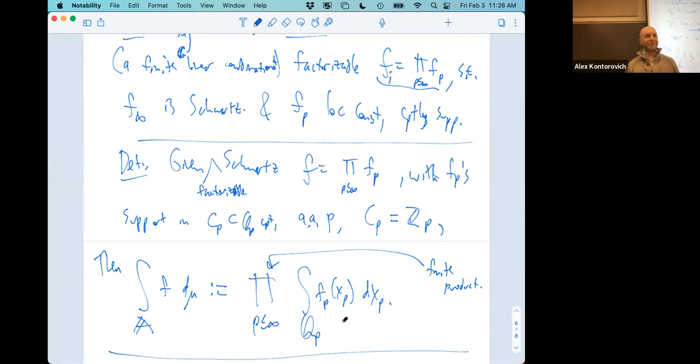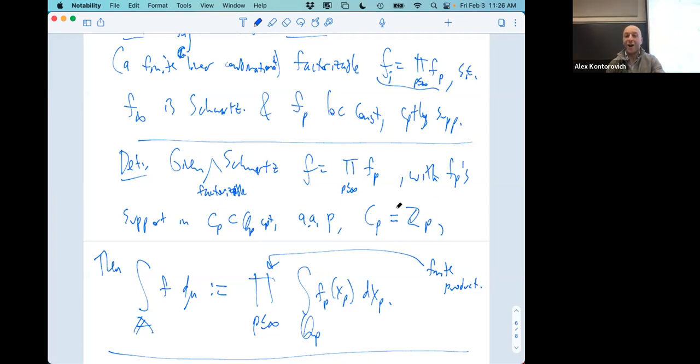Is the Schwartz definition different from the Schwartz definition in the book, which contains one extra condition? Remind me what the Bruhat definition is. The extra condition is that factorizable functions are the characteristic function of Z_p for almost all p. That's exactly what this is.